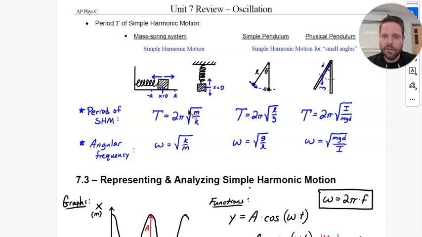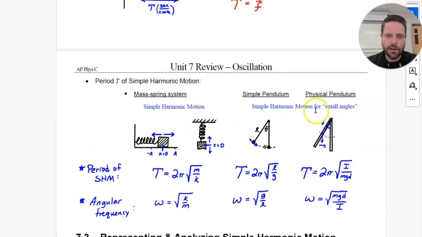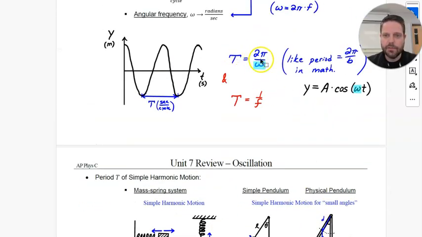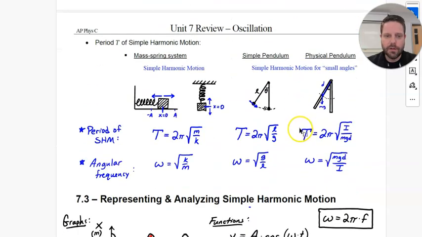So we can check out the later part of the video in 7.5 to see these derivations. Simple pendulum, physical pendulum, and that would correspond if we used our period as 2 pi over the angular frequency relationship. Then we could also express omega in terms of these similar quantities.